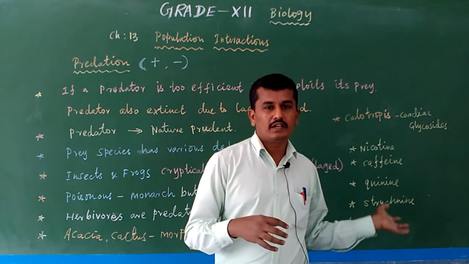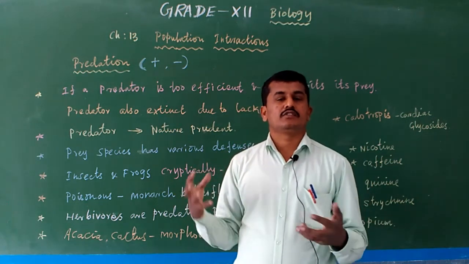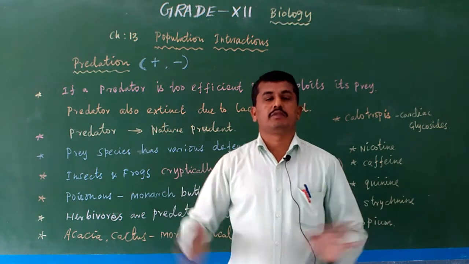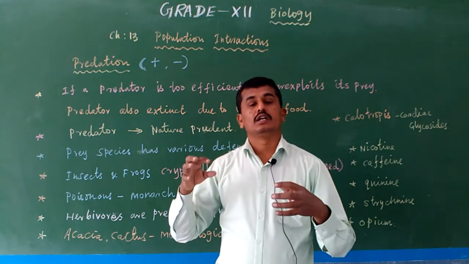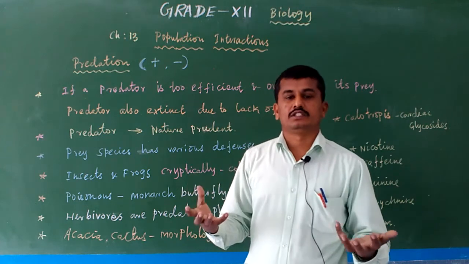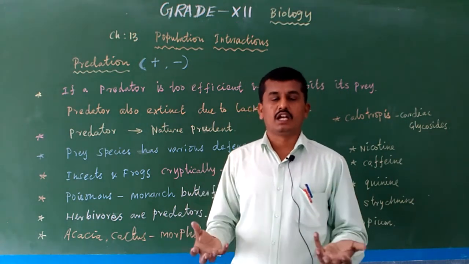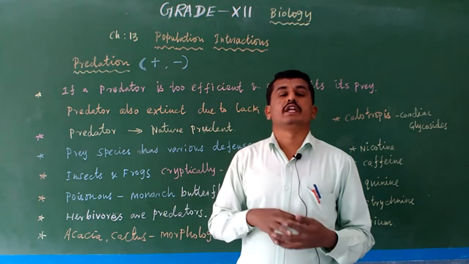Suppose these plants have some chemicals, and the chemical smell is not liked by the predator, so the predator avoids these types of plants. So the prey also show some modifications, some adaptations, morphological, maybe anatomical, maybe chemical, physiological adaptations to avoid the predator.